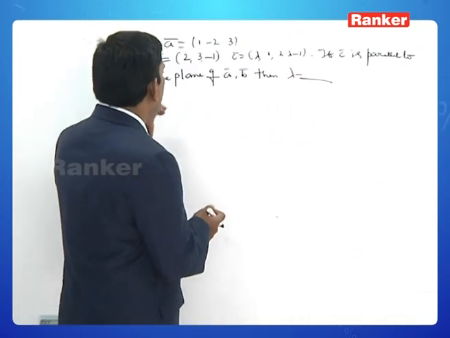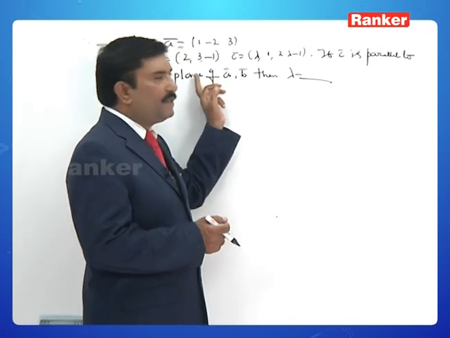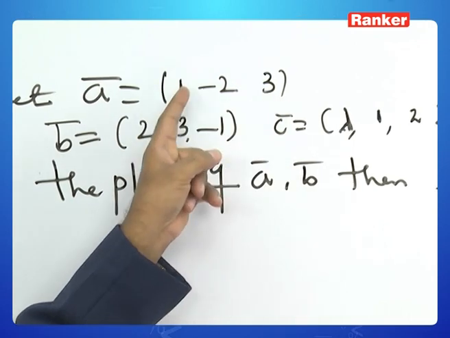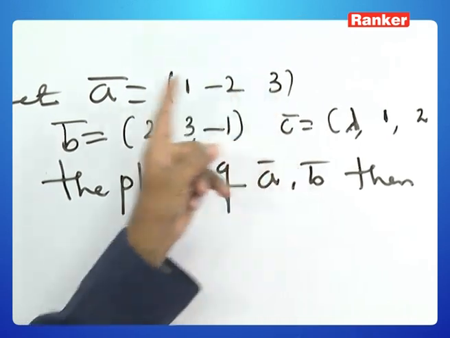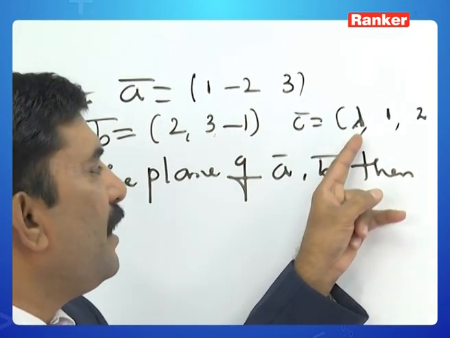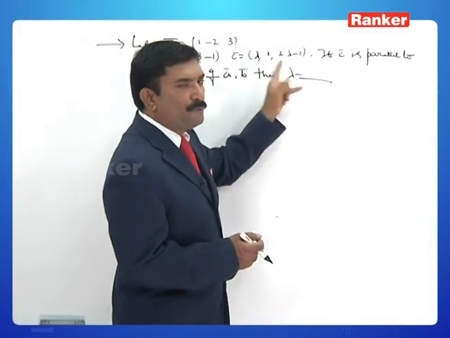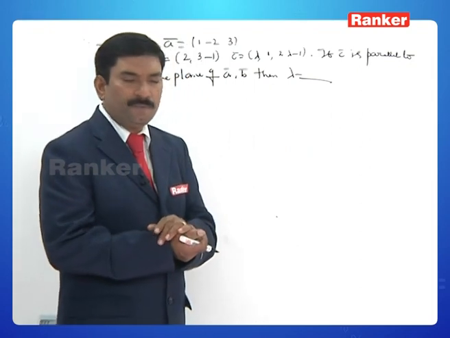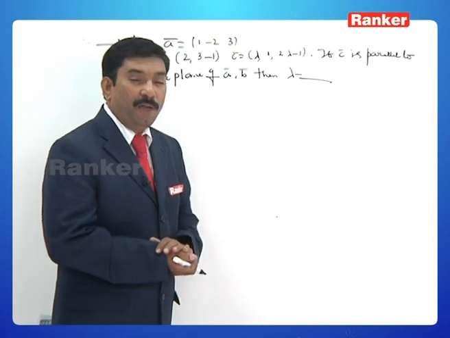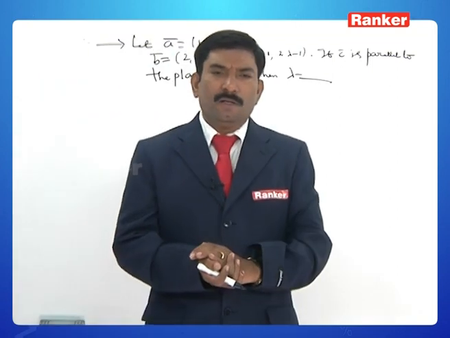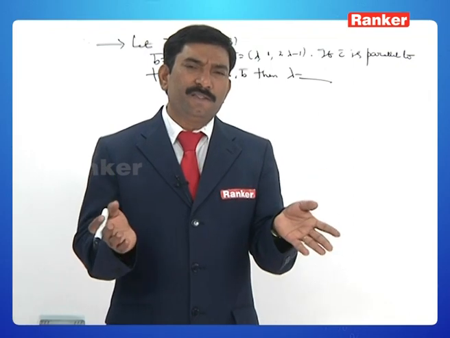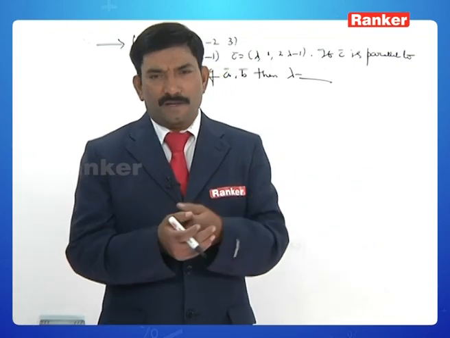A bar is given, B bar is given, C bar is given. A bar is i minus 2j plus 3k. B bar is equal to 2i plus 3j minus k. C bar is equal to lambda i plus j plus (2 lambda minus 1) k. So, if C bar is parallel to the plane of A bar, B bar, it means they are coplanar.